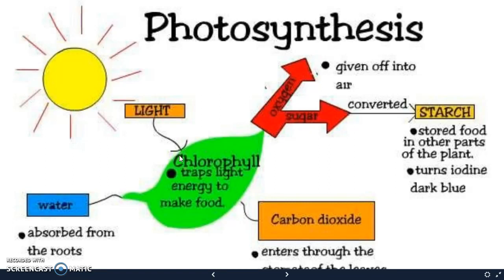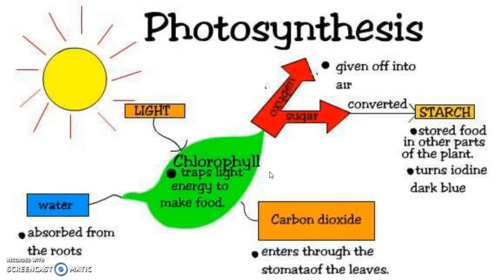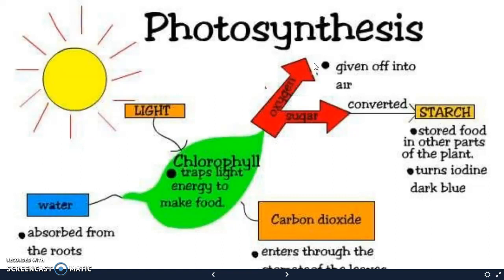At the same time, we have water coming up from the roots of the plant. We've got carbon dioxide entering the leaf through the stomata. And we've got a series of chemical reactions that take place powered by that trapped sunlight energy. The result of those chemical reactions are the release of oxygen given off into the air and then sugar. So that's a little bit of review. And of course, remember, sugars can be converted into starch for storage.